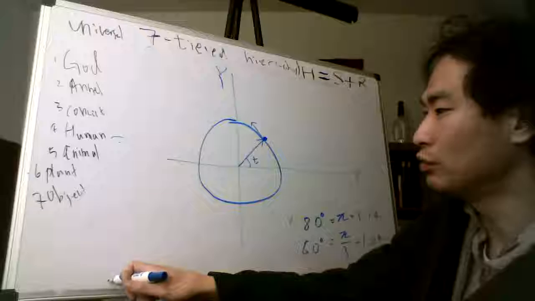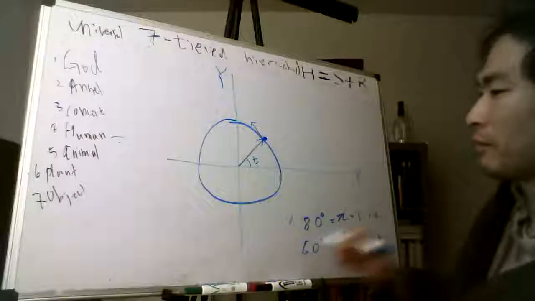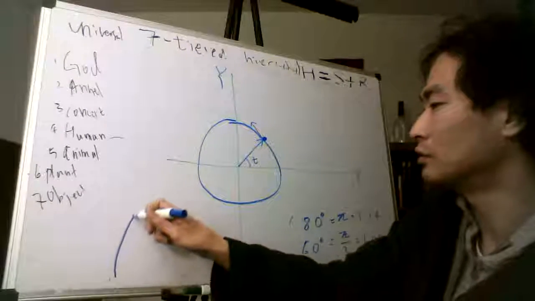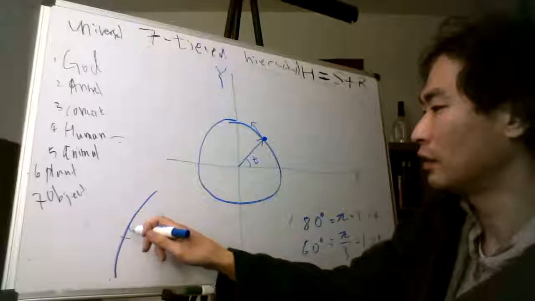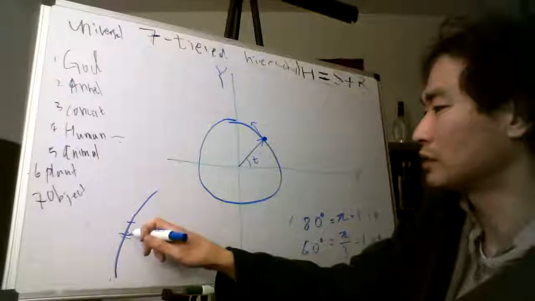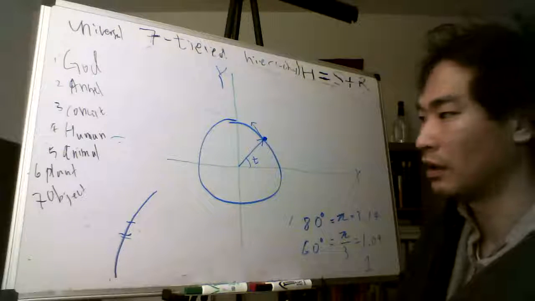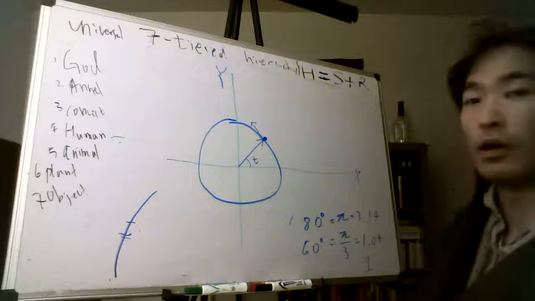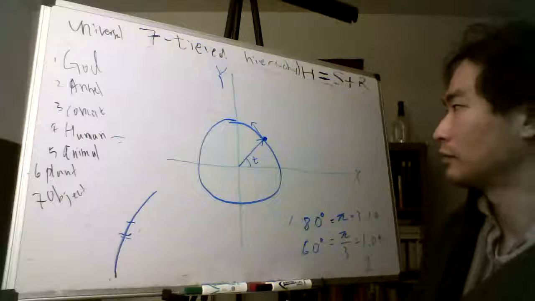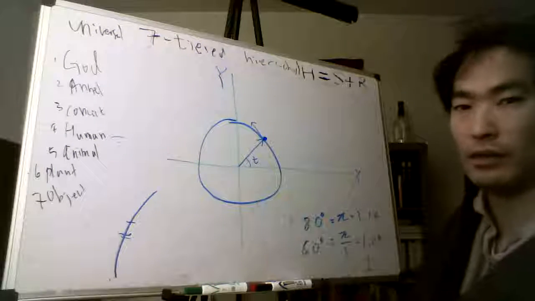You have a huge circle, a big circle. Locally, it looks almost like a straight line, right? So that's the concept of velocity, okay? An approximation, a straight line.